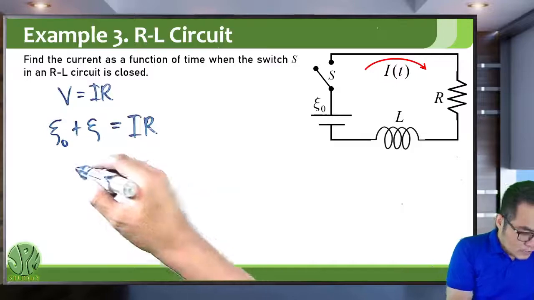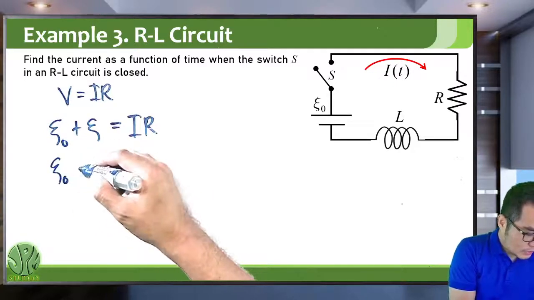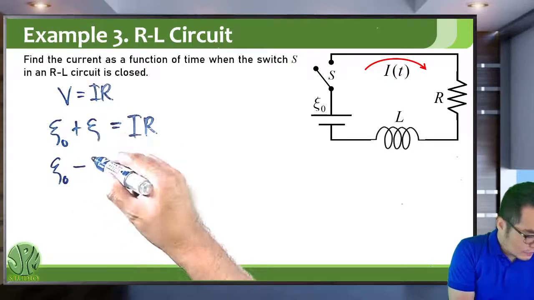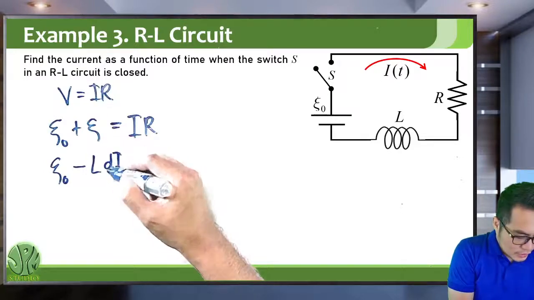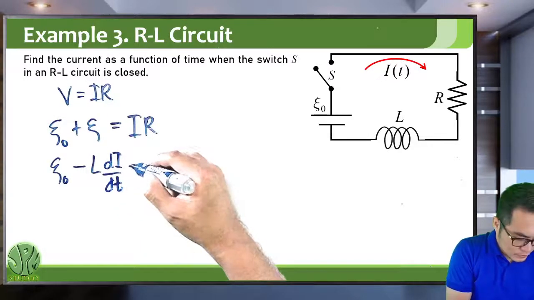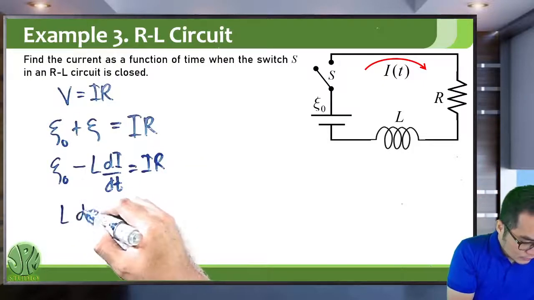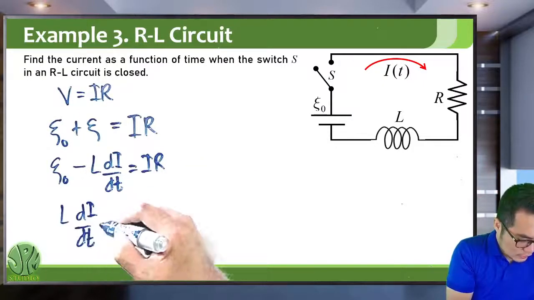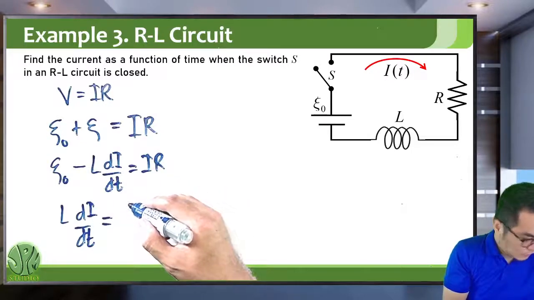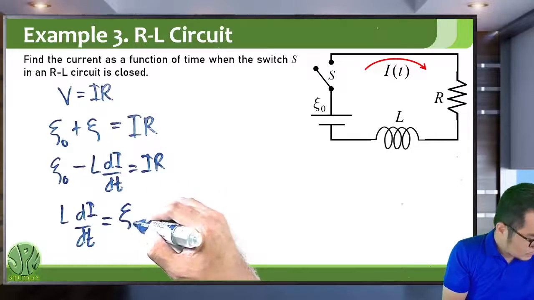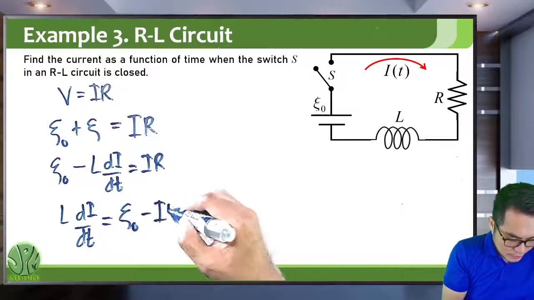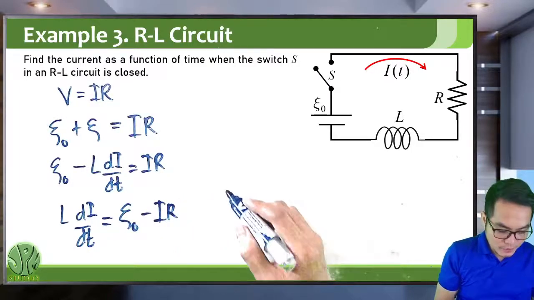Okay, so we have epsilon naught, and the induced EMF is just negative L dI/dt. This is I times R. So we have L dI/dt is equal to the EMF minus IR. We change variable.